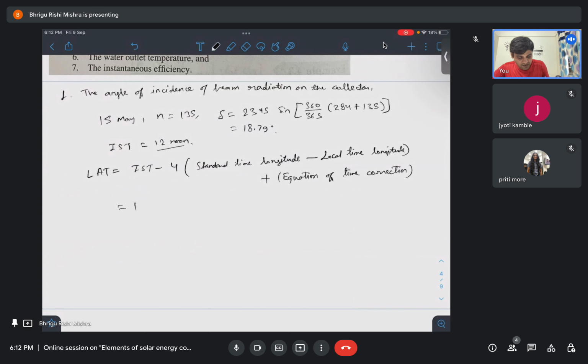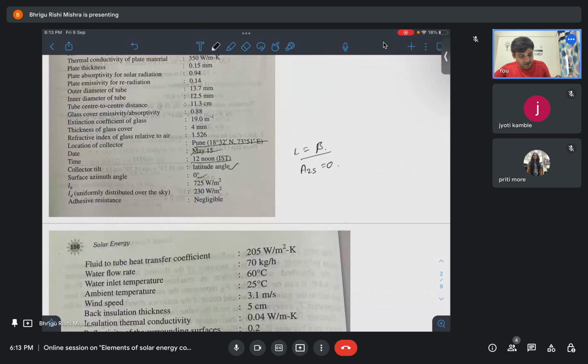So IST is given as 12 hour, minus 4 times the difference, where the standard time longitude is 82.5 and the local time longitude is 73.85. It is given here as 73 degree 51 minute; if you convert it into degrees, it will be 73.85.